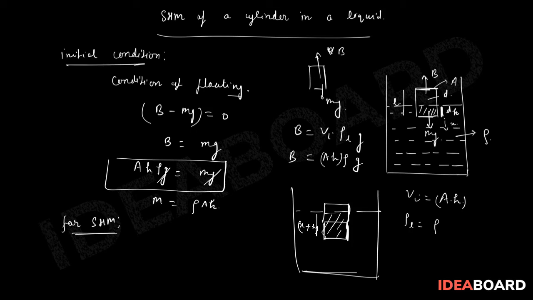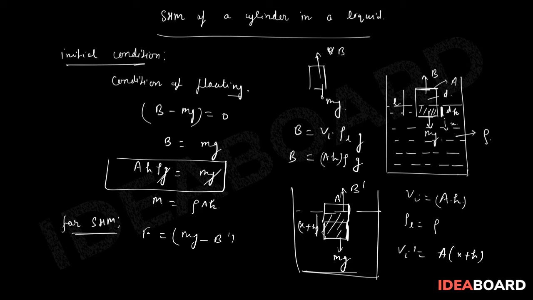So now V emerged dash can be written as A into x plus h, because the cross-section area was A. If you draw the FBD this time, the buoyant force will change, which is B dash, and this will be mg, so definitely there will be some net force. So F will be equal to mg minus B dash, because that is the force which opposes the direction of the motion.